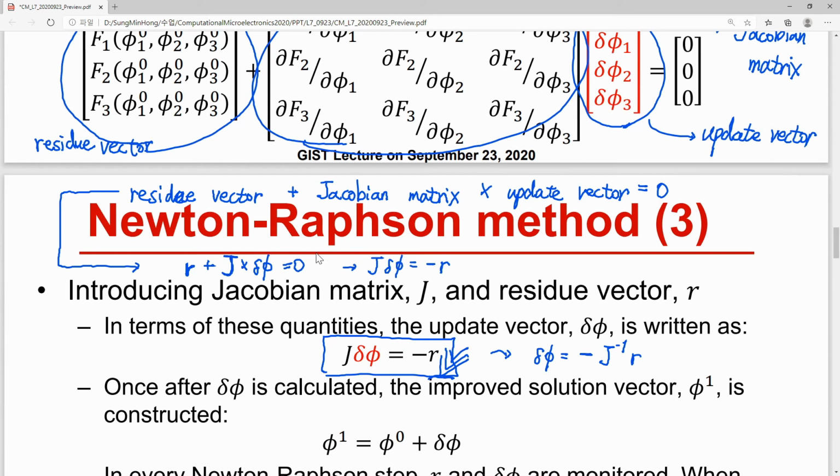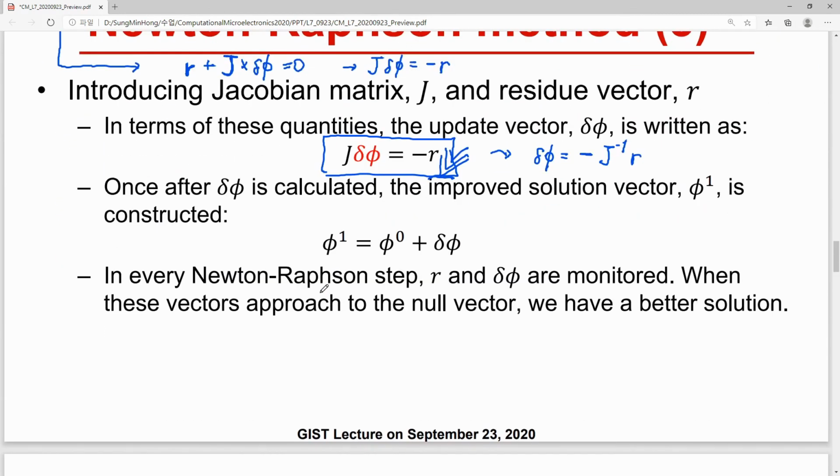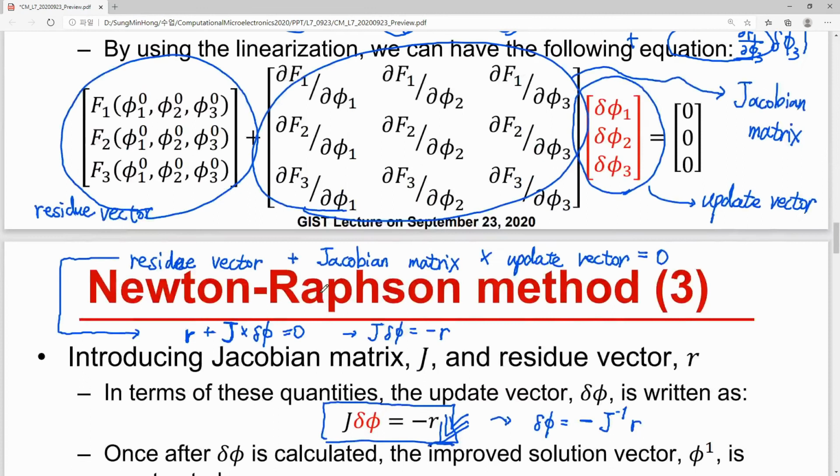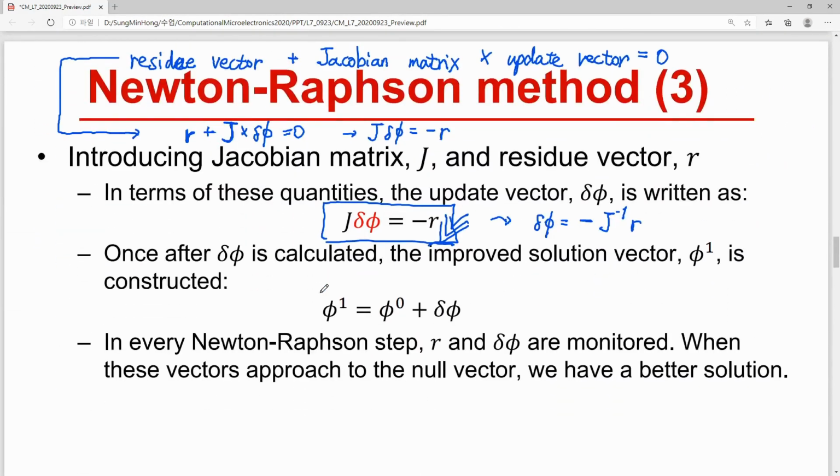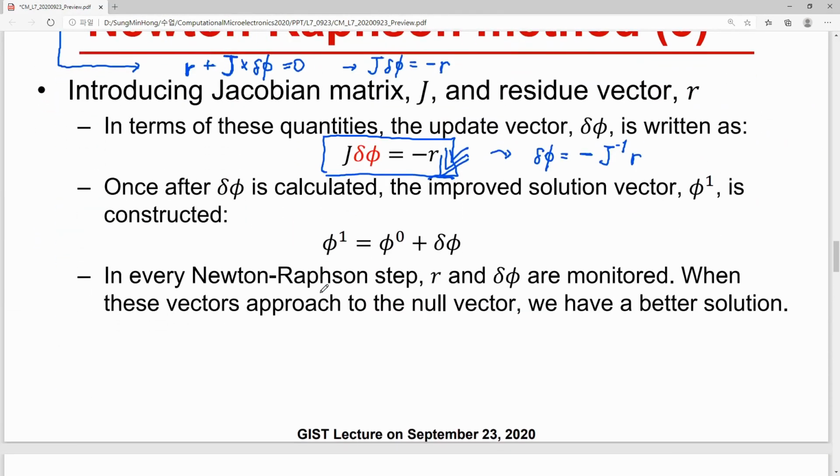By using this update vector, you can improve your solution. That is the way you can do. As you can see, our Newton-Raphson method now becomes just taking the inverse of the Jacobian matrix.